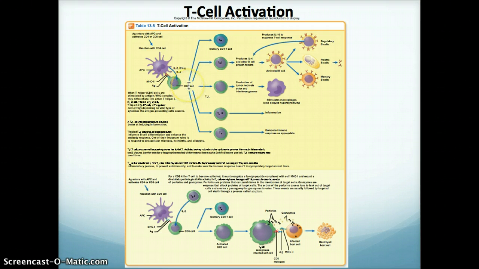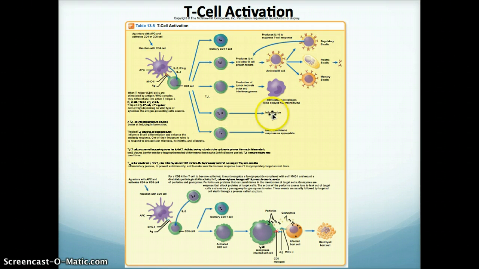We get T helper cell 2 that will produce interleukin 4 and will activate the B cell system here. We get proliferation of the T helper cell 1, which is going to produce tumor necrosis factor and interferon gamma. These then will go on to stimulate macrophages. We also get proliferation of T helper cell 17.